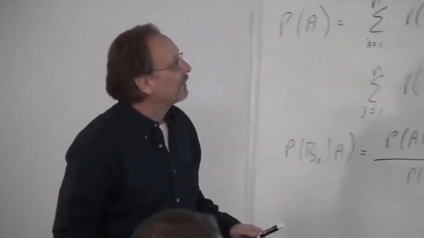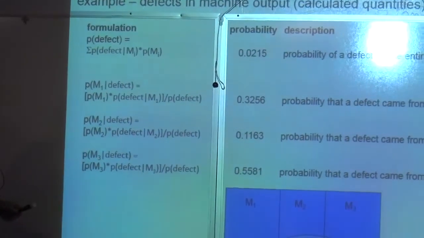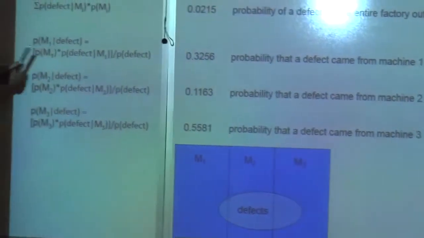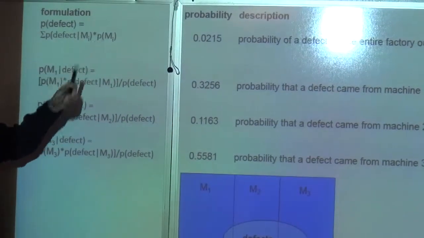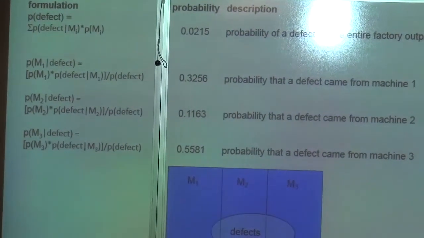So we go back to our defects. This is the probability of a defect, which is the probability of defect given each of the machines, which we know, we've collected the data on it, and we know the probability of coming from that machine, because we know the portion of the output that comes from each one of those machines.